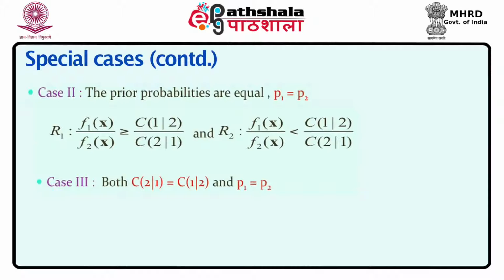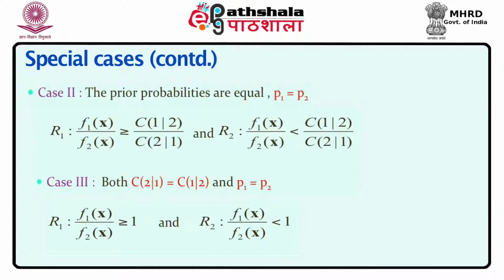A third is the case of both costs and prior probabilities being equal. It simply reduces to the ratio being greater than or less than 1. So if it's greater than or equal to 1, you place in the first group. If it's less than 1, you place in the second group. So this all comes out as special cases of the ECM minimization.